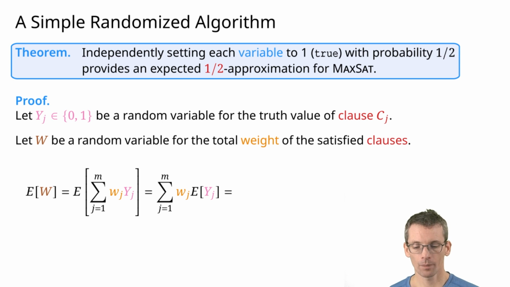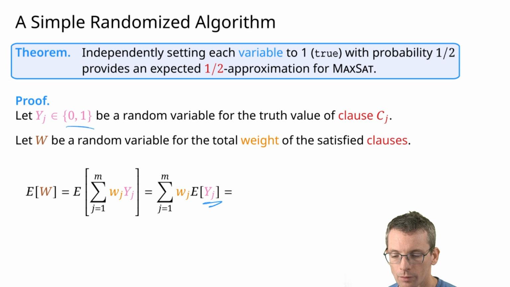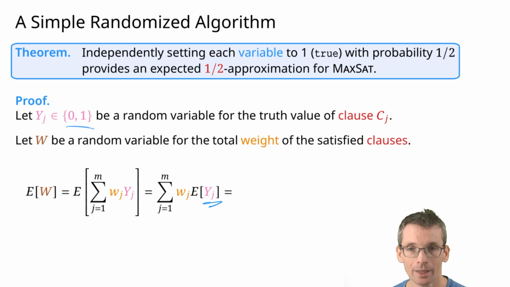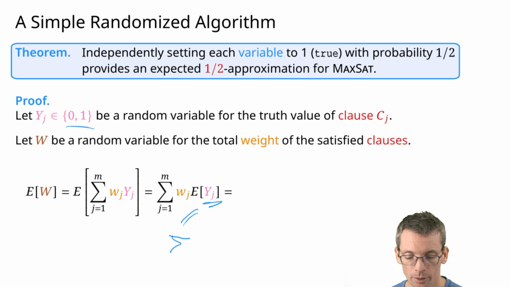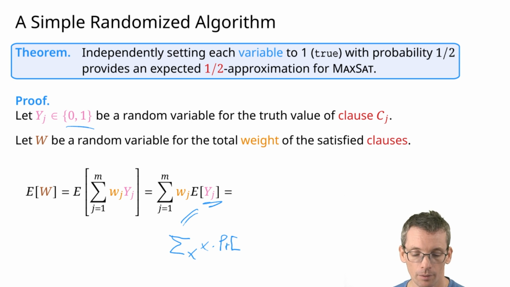And now, because the yj are 0-1 variables, in general for discrete random variables you would compute the expectation as a sum over x of x times the probability that the variable is x.